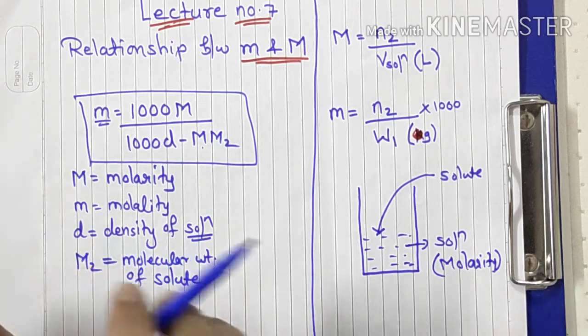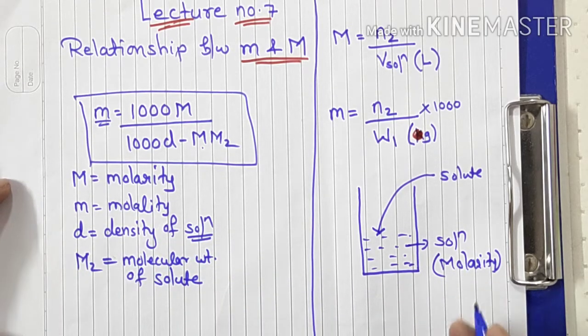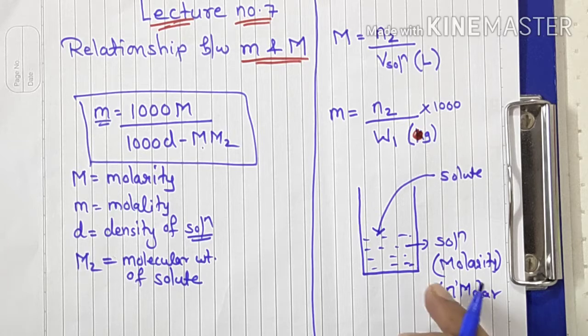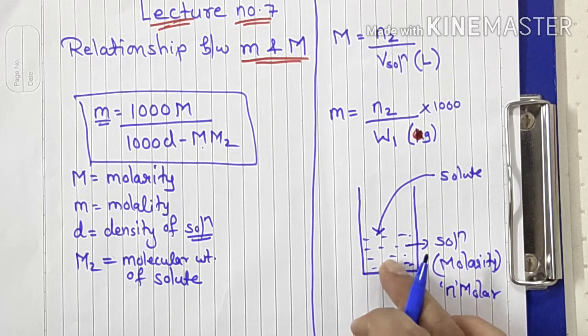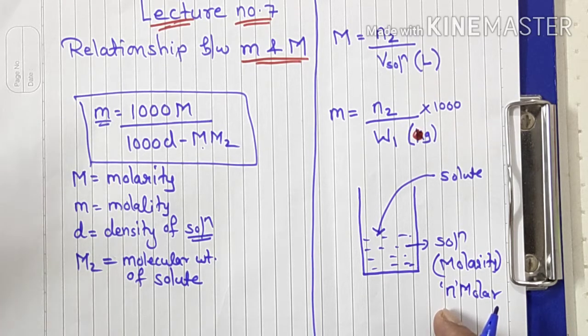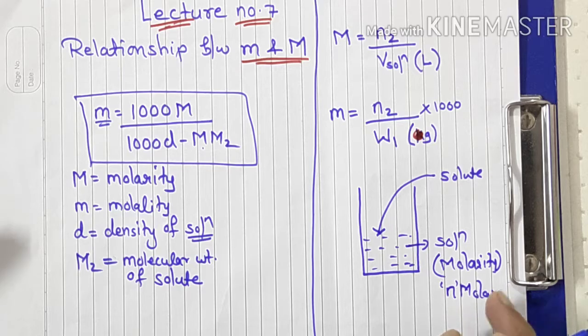Suppose I say the molarity for this solution is n molar. What is that? N number of moles is present in 1 liter of solution. So the molarity of this solution is n molar.